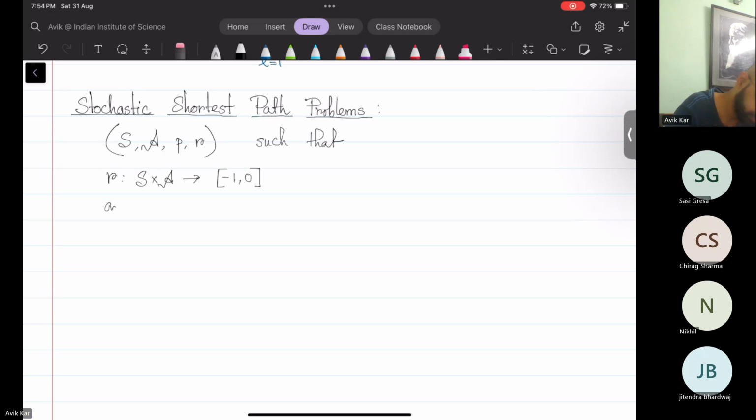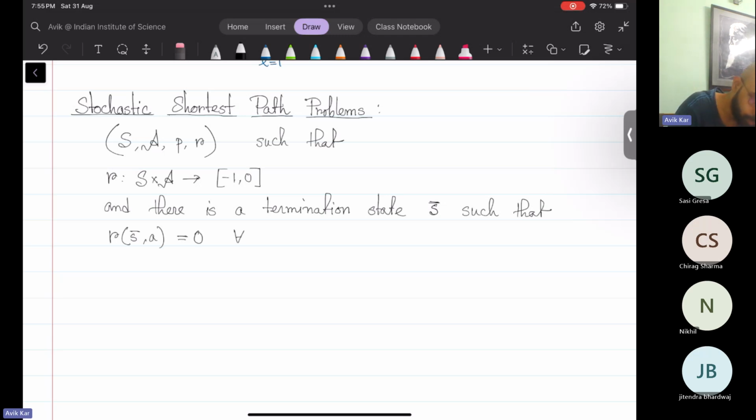And there is a termination state, s bar, such that R of s bar, a is equal to 0 for all actions.